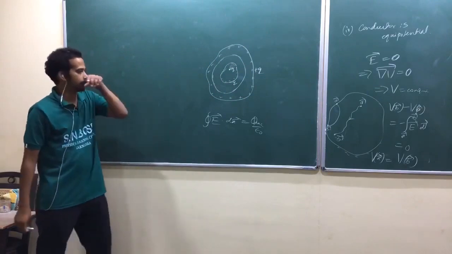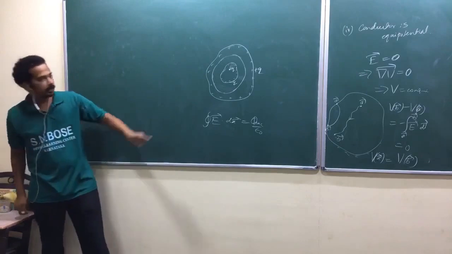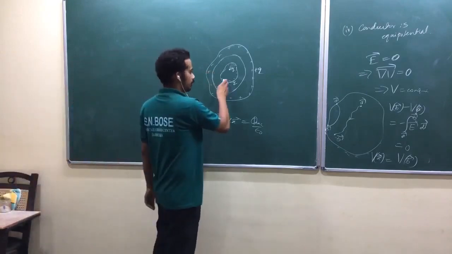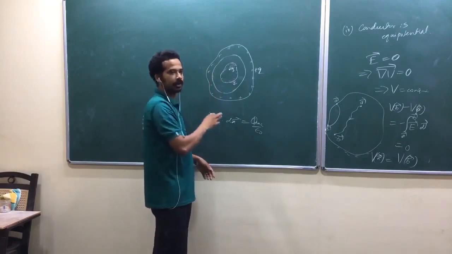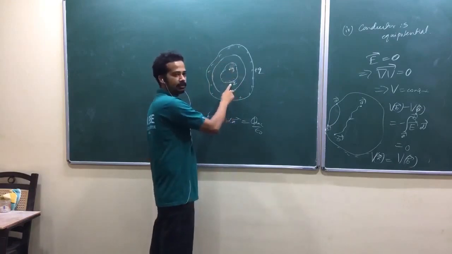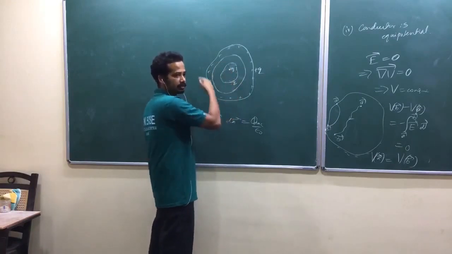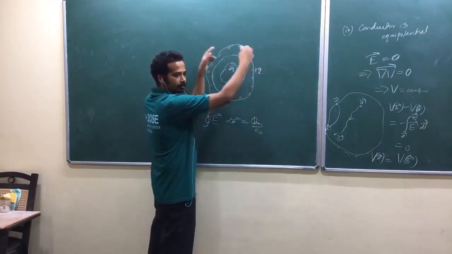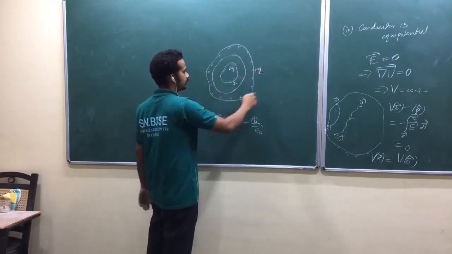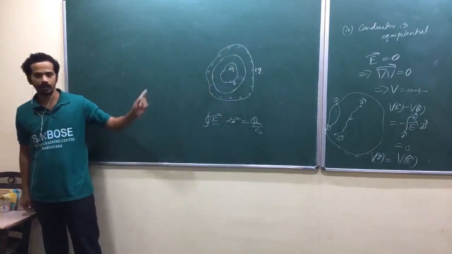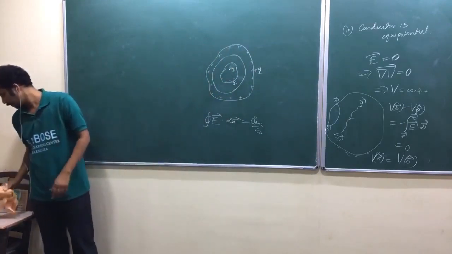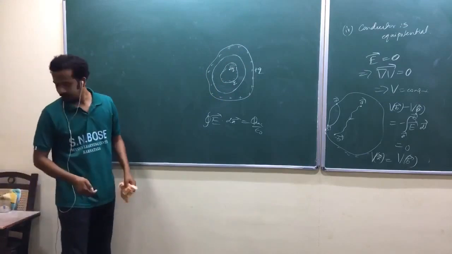That is the argument. Whenever you place plus q charge, negative charges accumulate inside the cavity, and the net negative charge is minus q. These negative charges are because of motion of charge from the conductor. That's why the net positive charge on the outer surface is plus q. Argue like that.